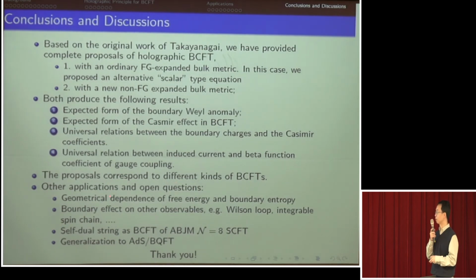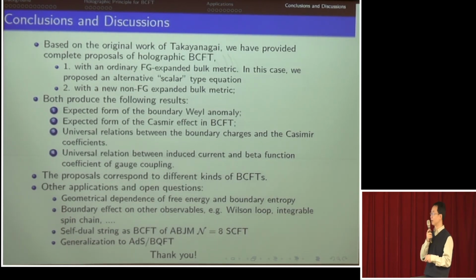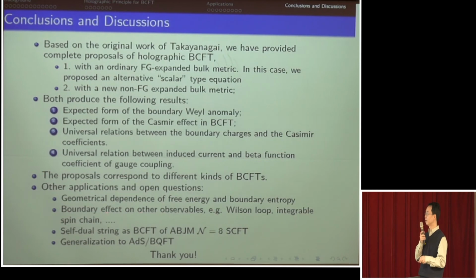For example, we can look at the geometrical dependence of the Casimir energy and boundary entropy. I just looked at the classical boundary for the entropy, but you can also look at the shape, and how the shape change would affect the entanglement entropy, for example. One can also study the Wilson loop. These are things string theory people will be interested in, like integrable systems, spin chains, and how they are affected by boundary effects.